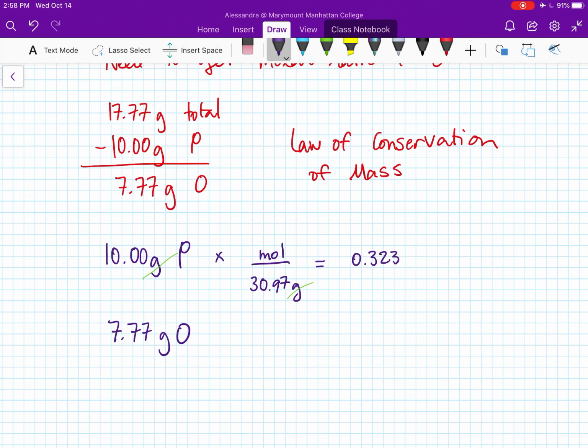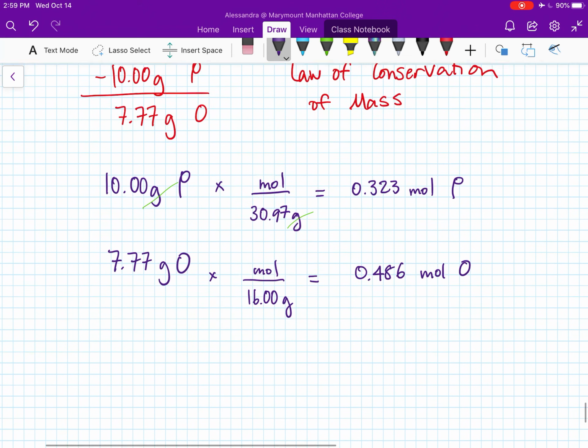So I didn't need to assume 100 grams or anything like that in this problem because I actually know the absolute masses. So I can figure out the number of moles in that absolute mass. For the 7.77 grams of oxygen, I'm going to multiply that by the reciprocal of its atomic mass, which is 16. And that is going to give me 0.486 moles of oxygen in that mass.